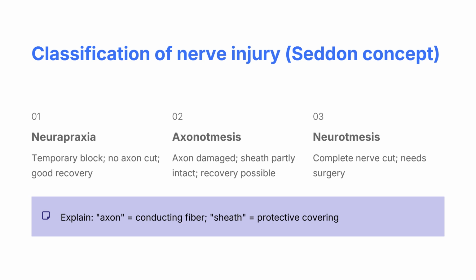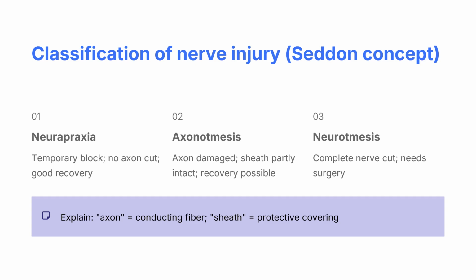Seddon's classification is there. Please consider, and if you have not read, please read the anatomy book and applied anatomy for this. Please read the applied physiology. Seddon's classification divides nerve injuries into neurapraxia, axonotmesis, and neurotmesis. Neurapraxia is a temporary conduction block with full recovery.